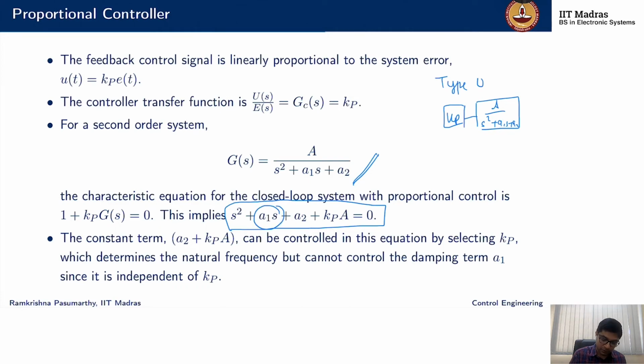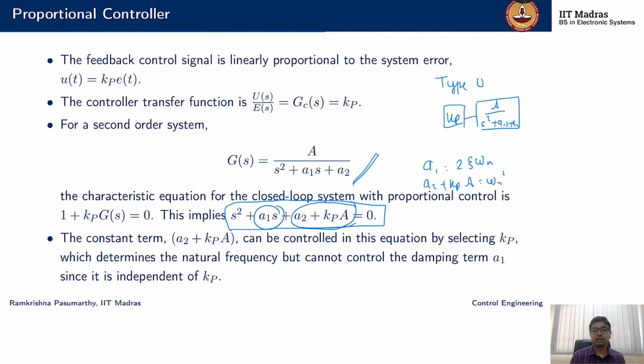Okay, so if I look at this, this term corresponds to 2 zeta omega n, and this term now corresponds to a2 plus Kp times a is omega n square. So something changes only in the omega n square. And this constant term can be controlled by selecting Kp, which determines the natural frequency.